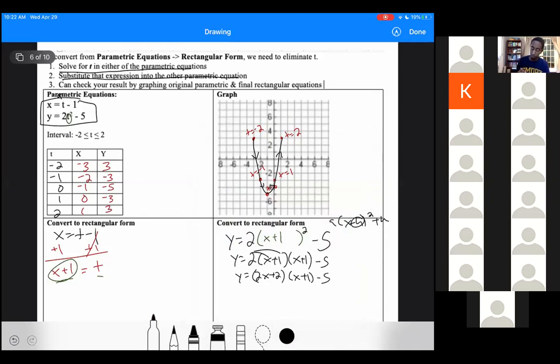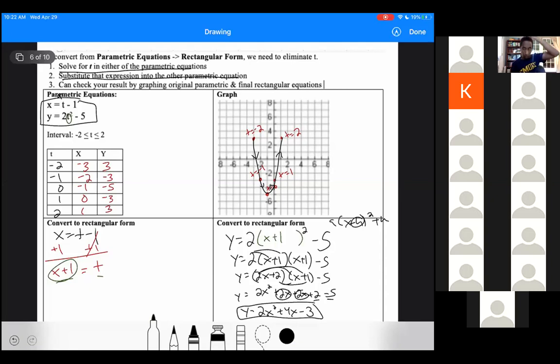And then you can use FOIL or box. So I'm going to do this. It's 2x squared plus 2x plus 2x plus 2 minus 5. Combine like terms. These two combine to give us 4x. These two combine to give us -3, and this is going to be the standard form of the quadratic.